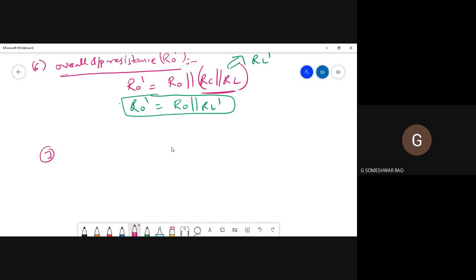The seventh parameter must be overall voltage gain, AVS, or it is also called the voltage gain with source into consideration. Like this also we can say.